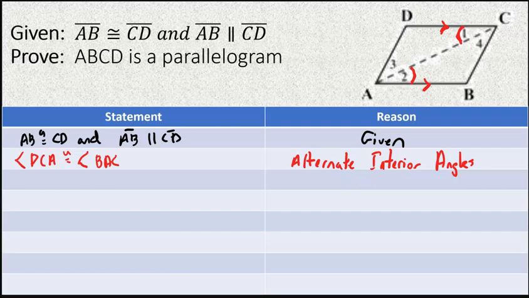Next, I'm going to use that reflexive side. Part of the reason why it's important to state the given verbatim, word for word, and pay close attention is because once again we are in a situation where the parallel sides provided are also congruent.